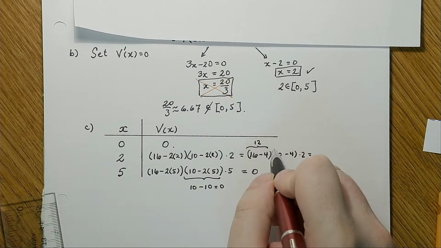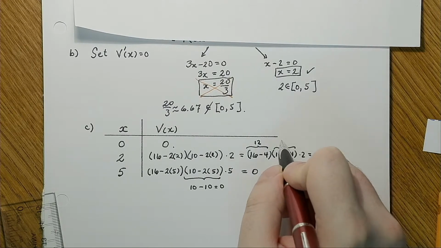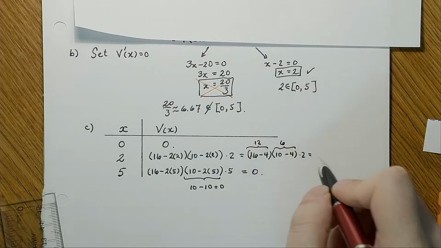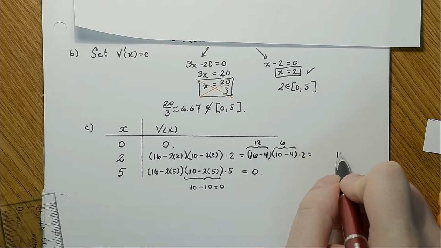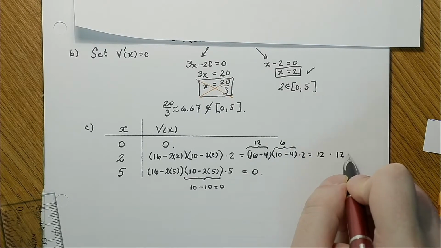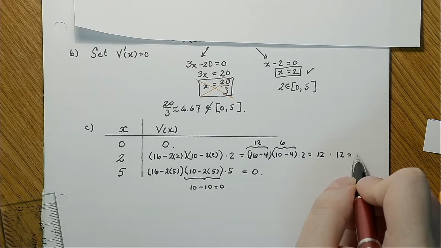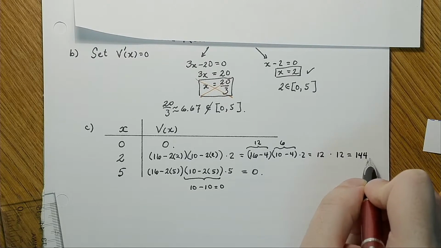That's 12. This is 6, and here's times 2. So 6 times 2, that's 12. Times 12. 12 times 12, or 12 squared, is 144.